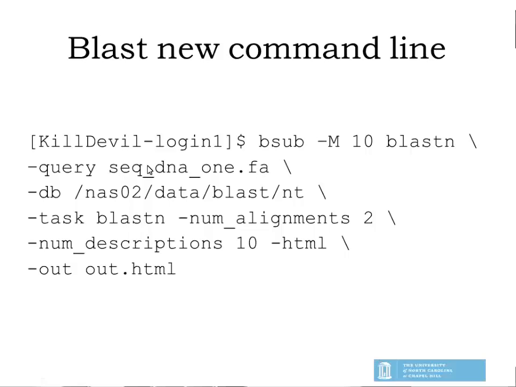So -query followed by the file name is telling BLASTN that this is the file I want to use as the query. -db obviously is for database. So my database files, this is where the relative file paths that you have learned come into play. I am in the netscratch onion directory, but I'm specifying a specific system path where the nucleotide index files are present for the database.